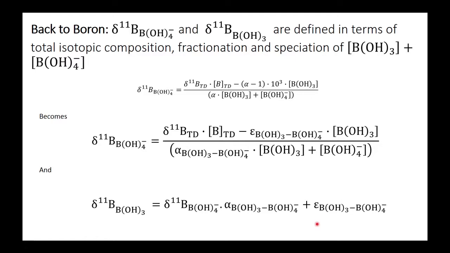So briefly back to boron. This is basically just where this epsilon has now appeared from. It's basically just replacing this alpha minus 1 times 10 to the 3 in there.